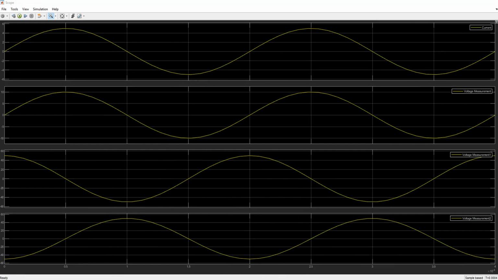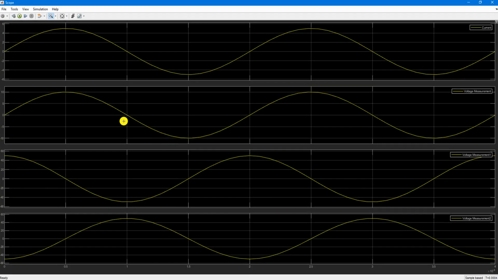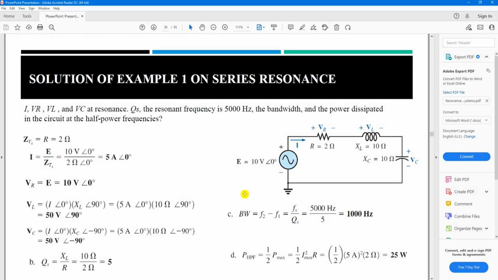Now the second one is the voltage across the resistor. You can see it goes from 0 to 10 volt, in phase with the current. 10 volt peak, because the voltage across the resistor in series resonance is similar to the supply. So the supply is 10 volt, so VR is equal to E, equal to 10 volt.